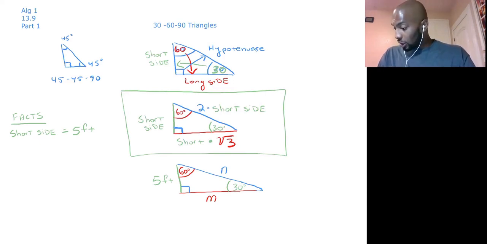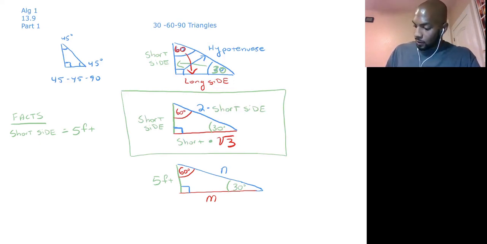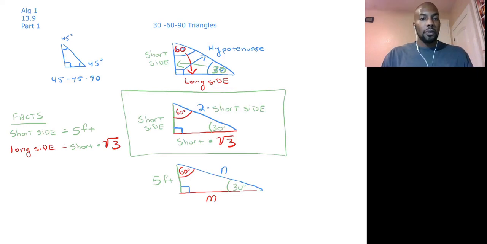Well, I also know that my long side, which is on the bottom in red, is equal to the length of the short side multiplied by rad 3. I ask myself, do I know what the length of the short side is? Yes, I do. It's right above it. It's 5 feet. So now I can rewrite my equation.